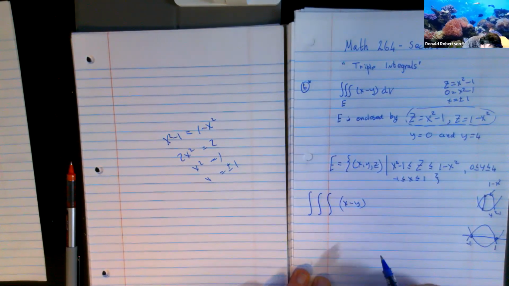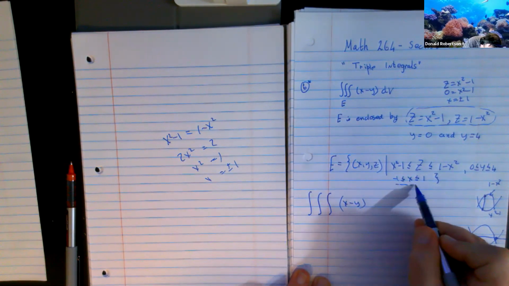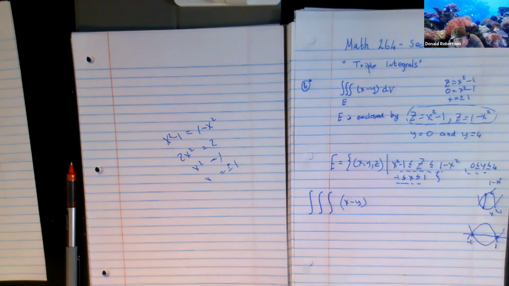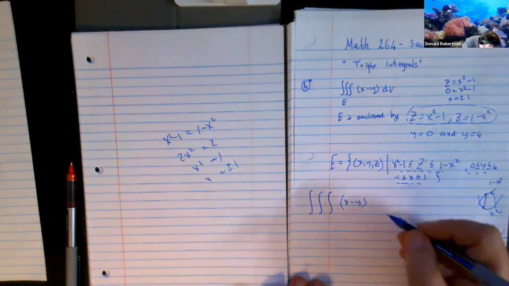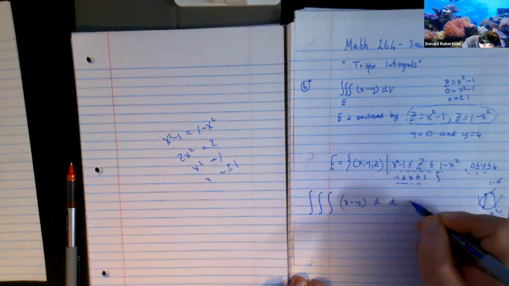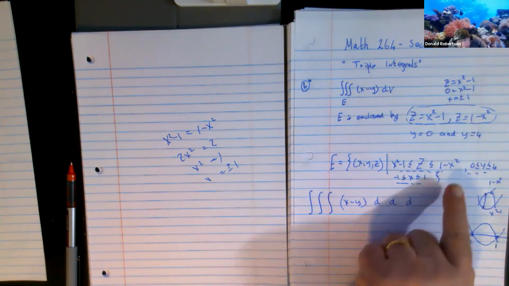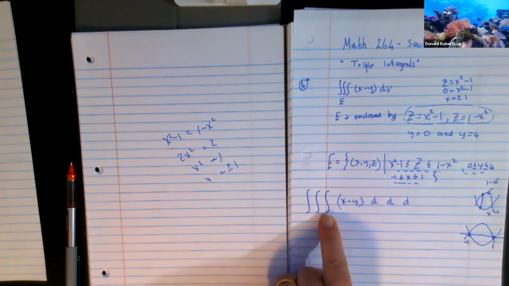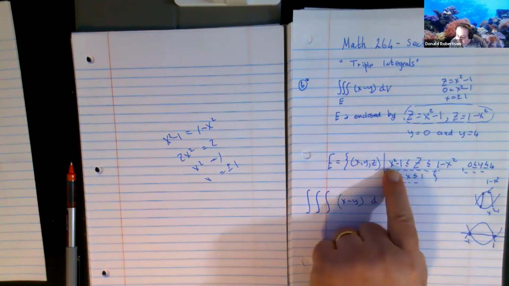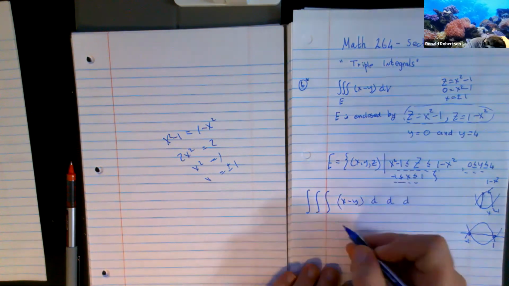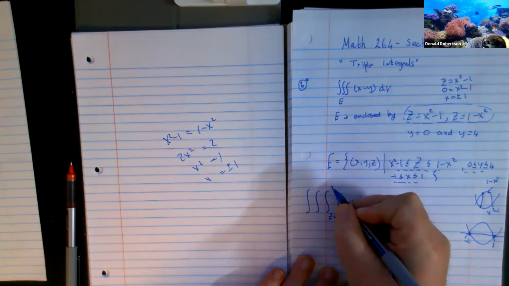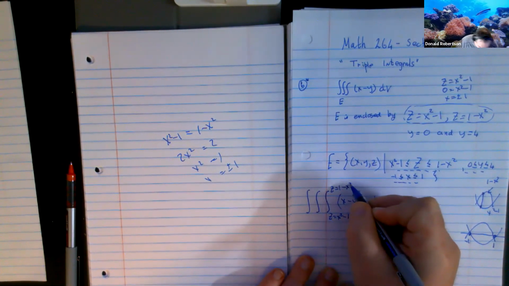So we're going to do a triple integral of x take away y. The only issues I have really are the order now. So let's figure it out. Based on what you've seen here, would you agree the first one, the one that goes here where my finger is, is the z's? And so I know the z is going to go from x squared minus 1 to 1 minus x squared.